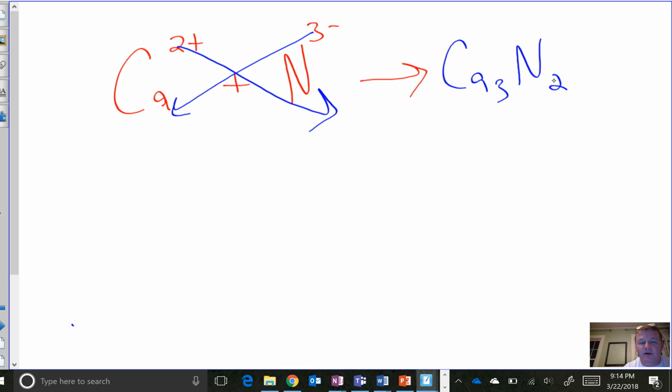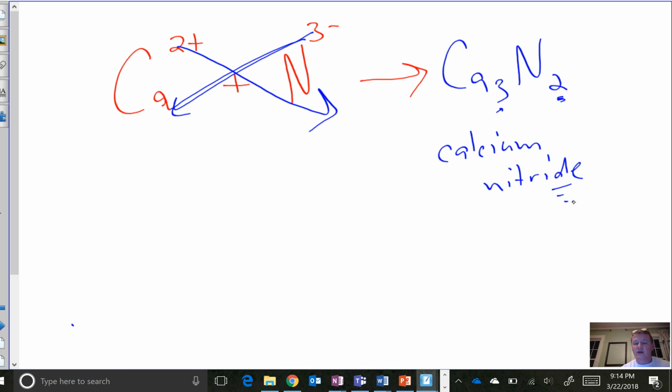So the 2 came down here, the 3 came down here. So we have Ca3N2, and we would name that calcium nitride, an IDE, because it's the anion.